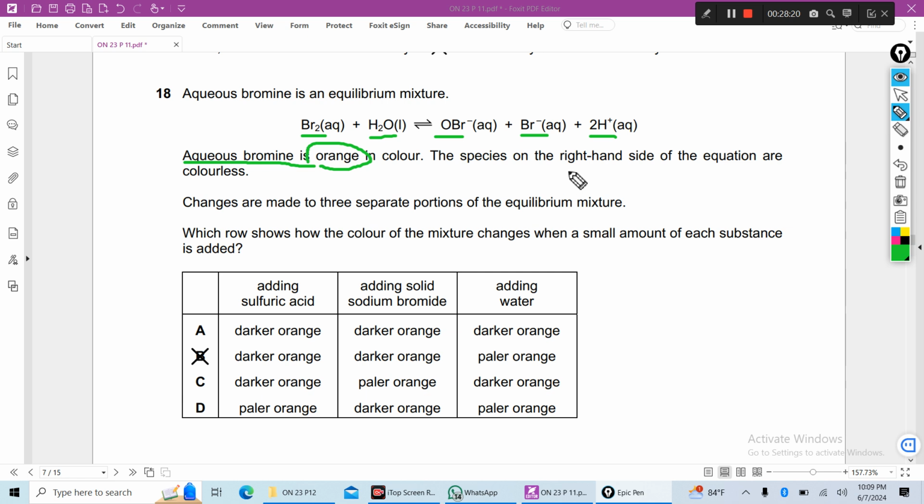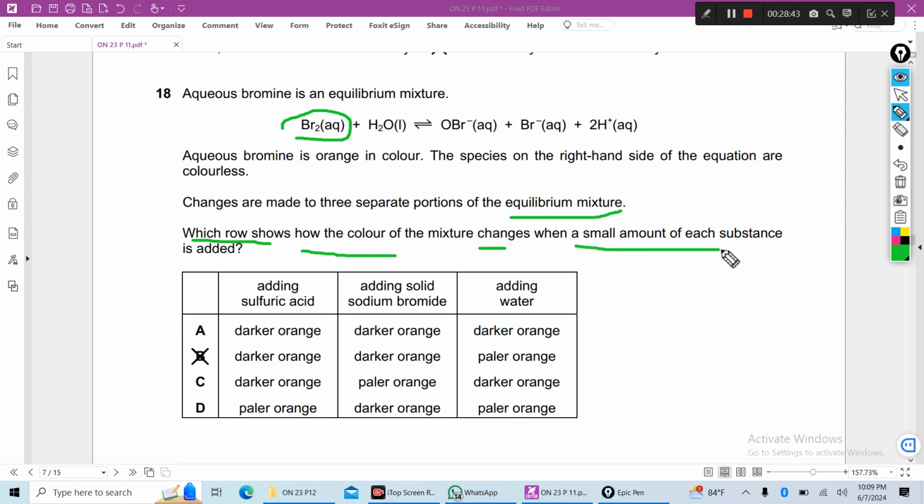The species on the right hand side of the equation are colorless. Right hand side have no color. Bromine is orange. So changes are made to 3 separate portions of the equilibrium mixture, which row shows how the color of the mixture changes when a small amount of each substance is added.